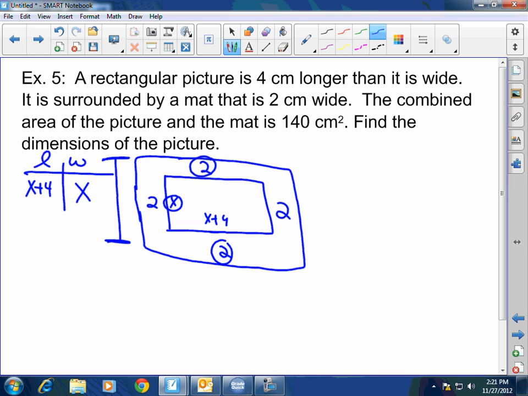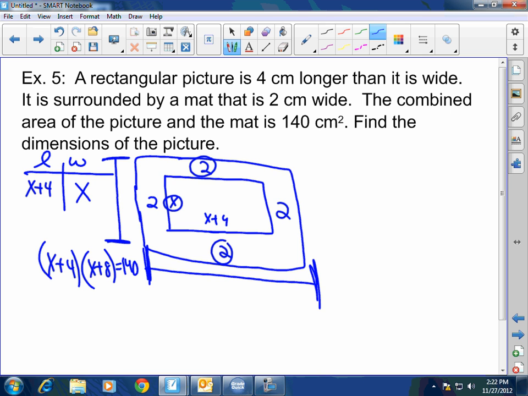So it's not 4x either, guys. It's 4 plus x. So x plus 4 times, what is it from here to here? 2 plus x plus 4 plus 2, so x plus 8. Very good. And that equals 140 centimeters squared.